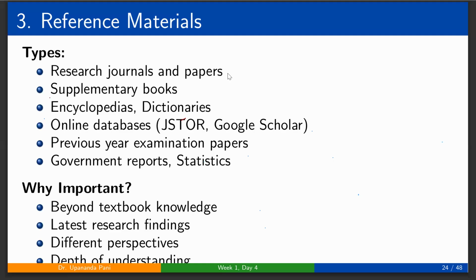Then supplementary books, encyclopedias, dictionaries, online databases. I'll give you extensive training on online databases like JSTOR and Google Scholar, and how you can use them. When we discuss research aptitude, I will take you through all this.